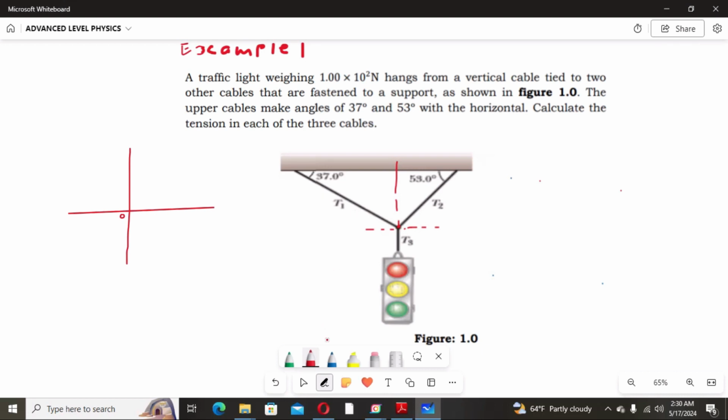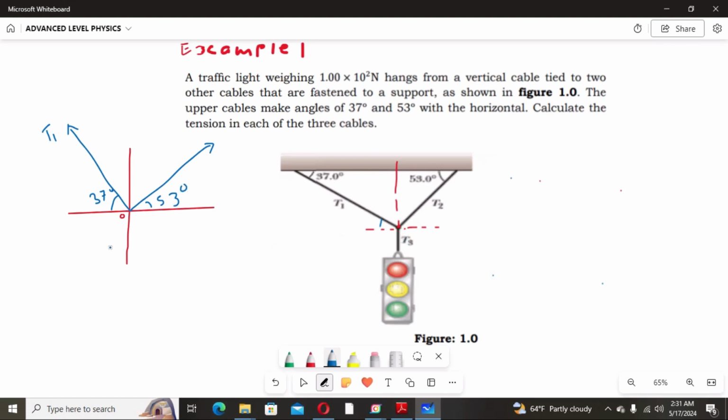Now, this tension here is in that direction. This tension is in that direction, that is tension 1. This angle here is that angle there, so this here is 37 degrees. Then T2 there is here, so that is 53 degrees.